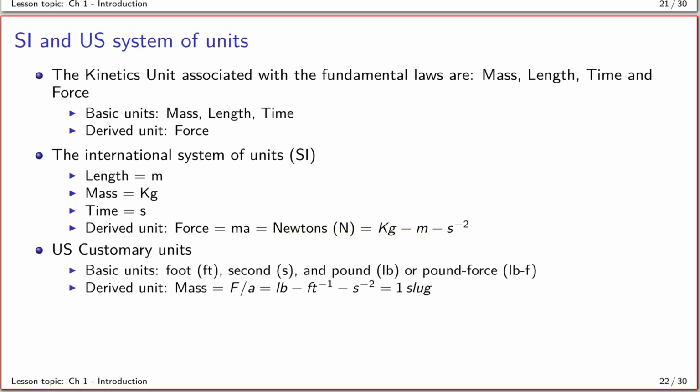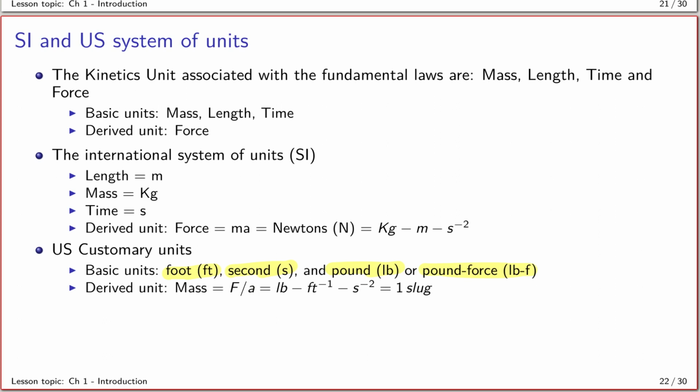In the case of the US units, though, the basic units are the length in feet, time in seconds, and force in pounds, and often this is also called pound force. So you can see the difference here between SI and US is that the basic units differ in the fact that the SI uses mass while US uses force.